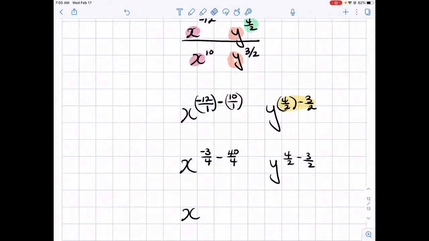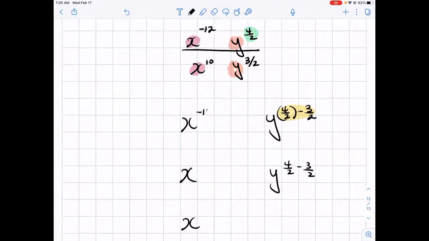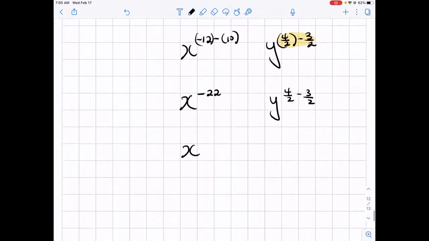So we don't need a common denominator here. And we don't even need to write this as fractions if we want. We can just say -12 minus the denominator, which is positive. So this becomes -22. So -22, x to the 22, and y, 4 minus 3, becomes 1 over 2.